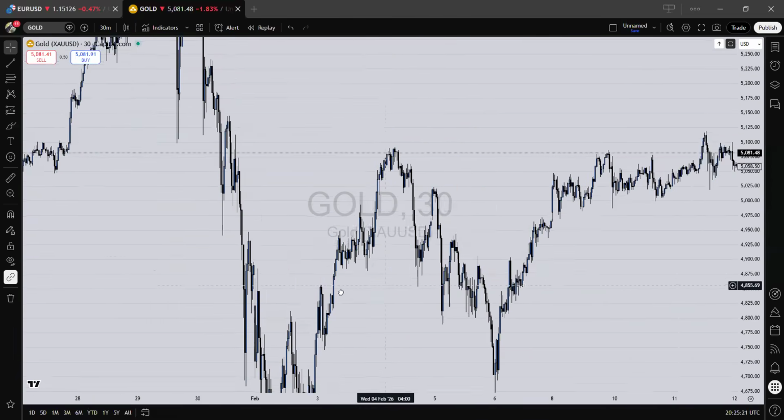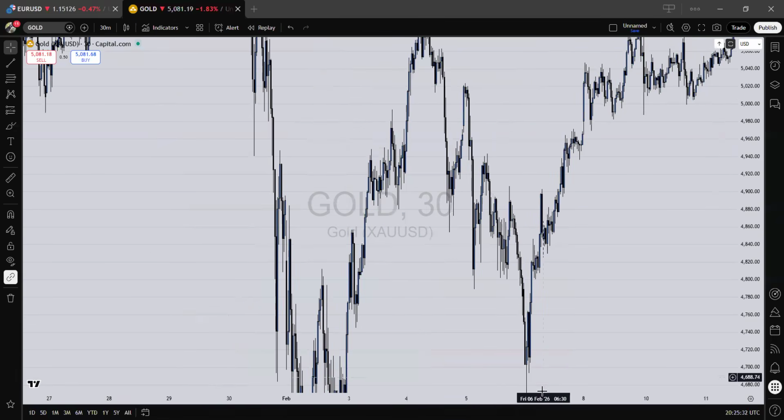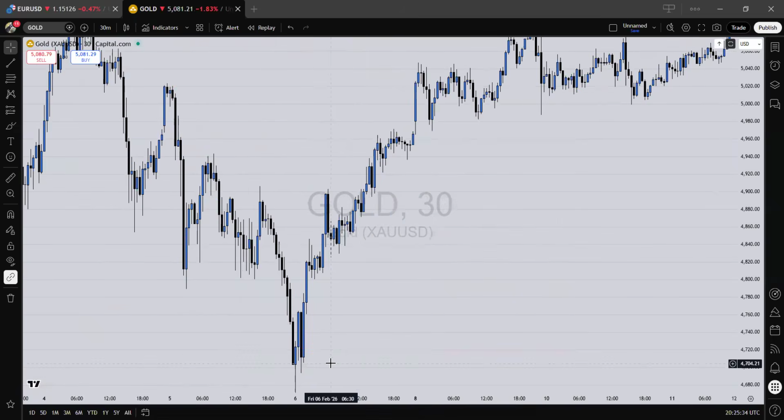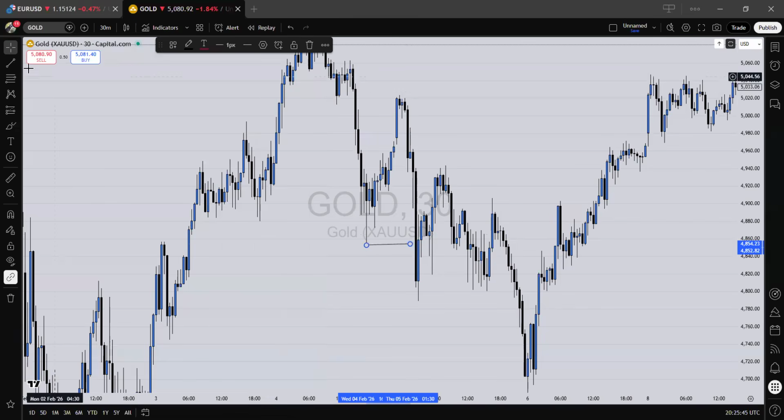All right. What do I mean? Gold takes out liquidity, seeks another liquidity or creates one.